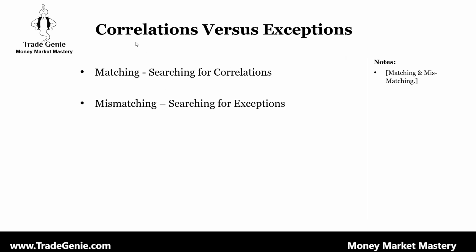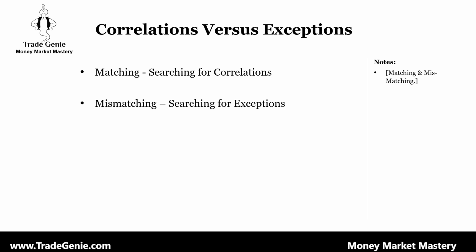In correlation, we are matching, we are searching for correlation. If this thing happens, then this thing is also happening because they are correlated. And then there is something called mismatching, searching for exceptions. There are 5 things here. In the room, there is one which is not matching.